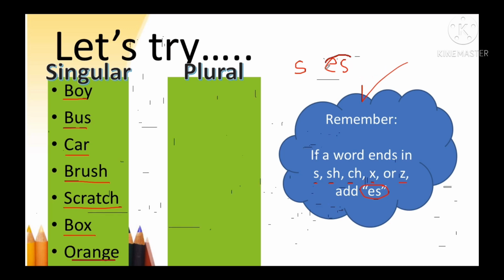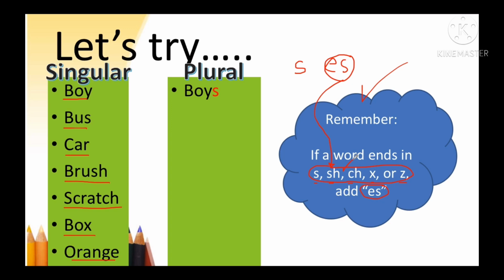Remember, ES must meet this, right? So you need to see the end letter. Boy, the end letter is Y. It's not part of this one. So we will just add S. Boys.